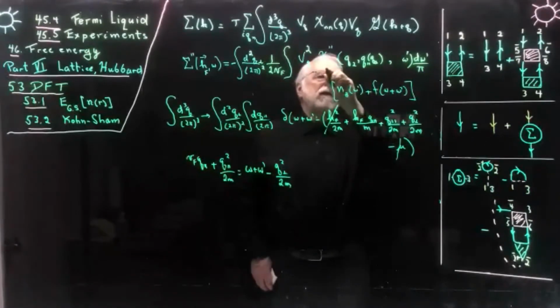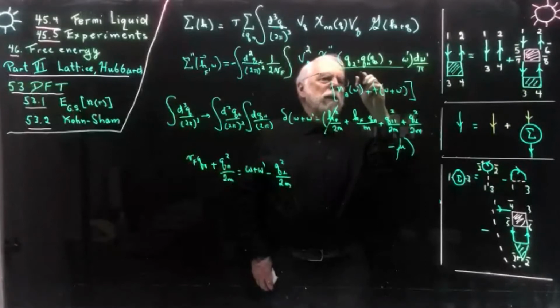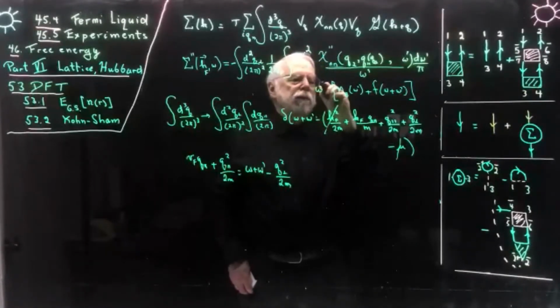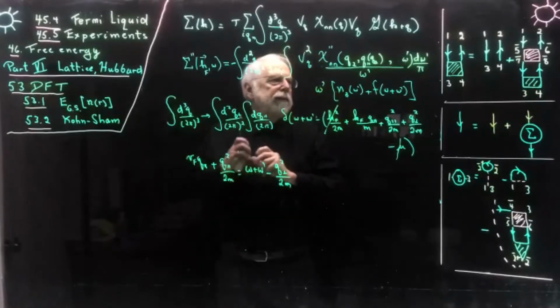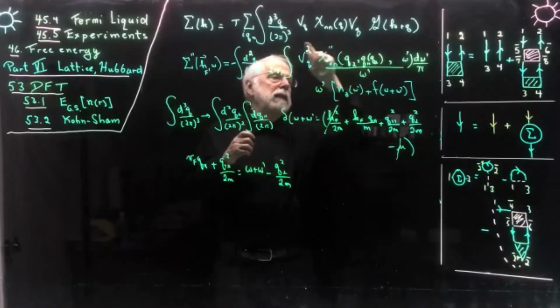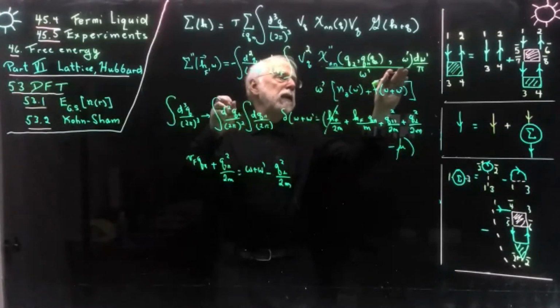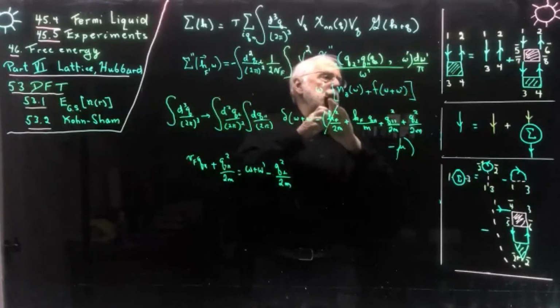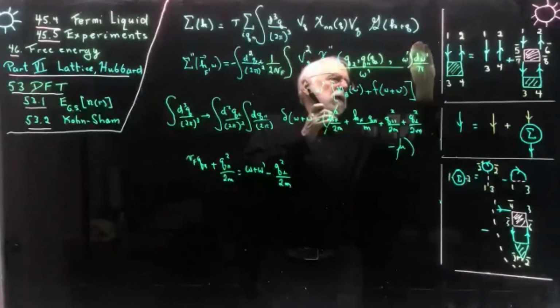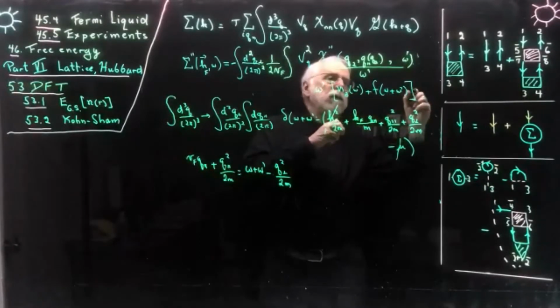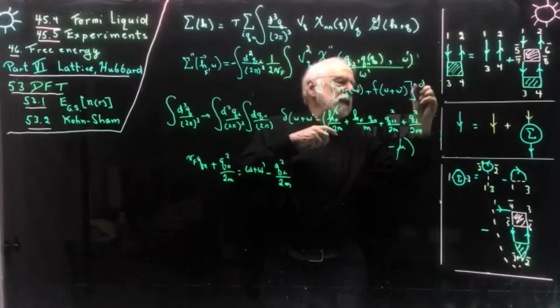So in other words, if I divide this by omega prime and I multiply by omega prime, I should put here to be sure. So this integral is this omega prime over pi.